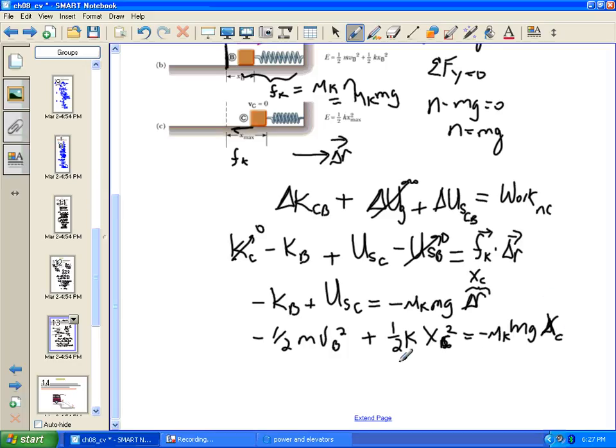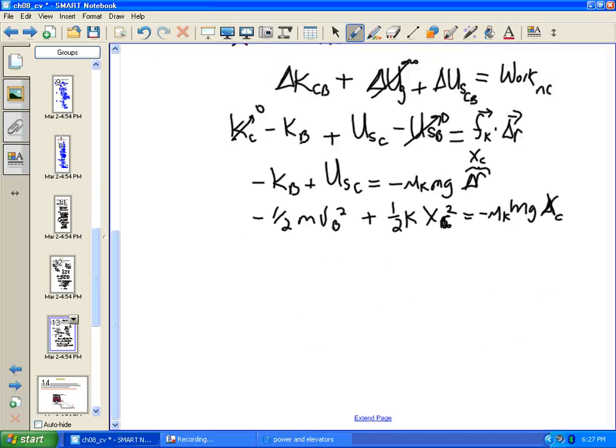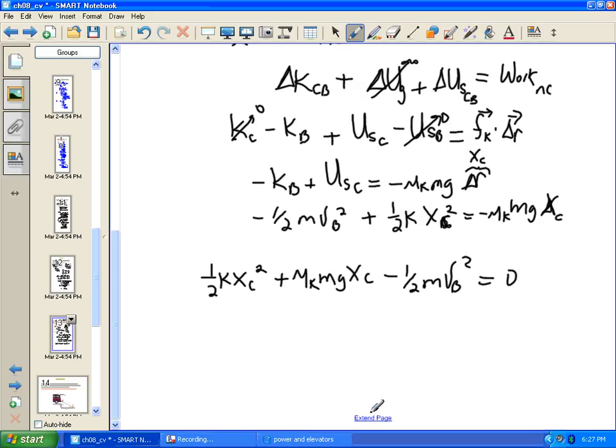So delta R equals x sub c, and what you see here is that we have a quadratic. 1/2 k x sub c squared plus mu k mg x sub c minus a half m v b squared equals 0. Let's see if we can attach some numbers to this.